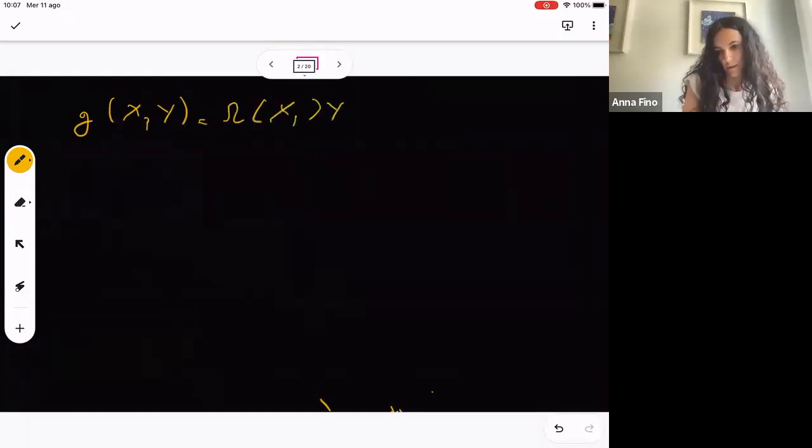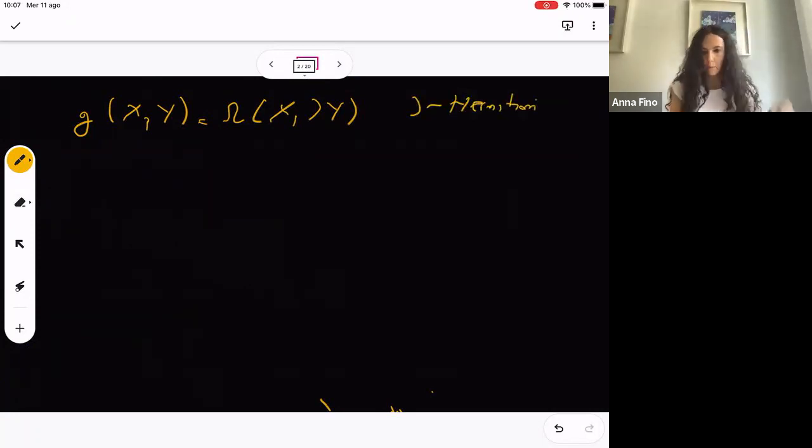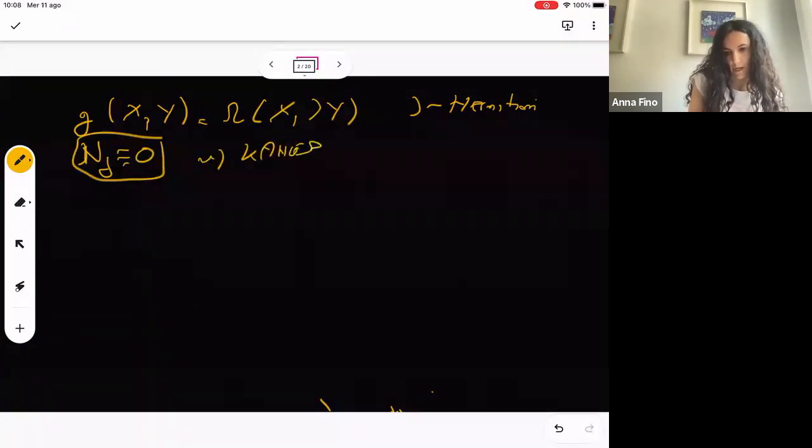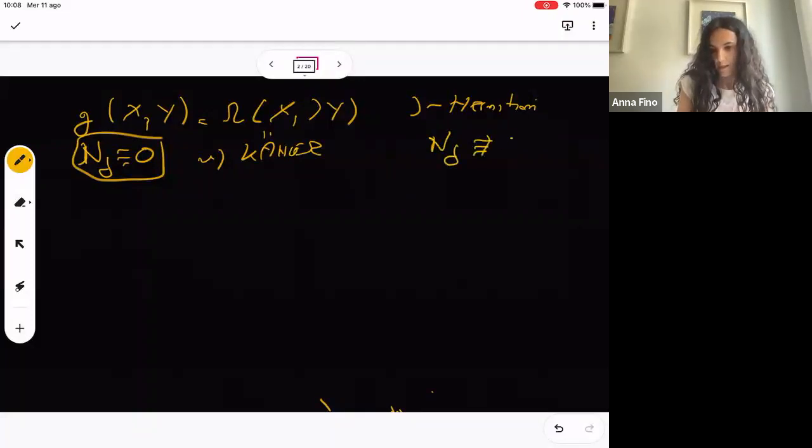This is just a sort of convention. And J is Hermitian in the sense that we saw in the first lecture. Of course, when J is integrable, so when N_J is 0, we have just the Kähler case, and we will consider the case when N_J is not 0.